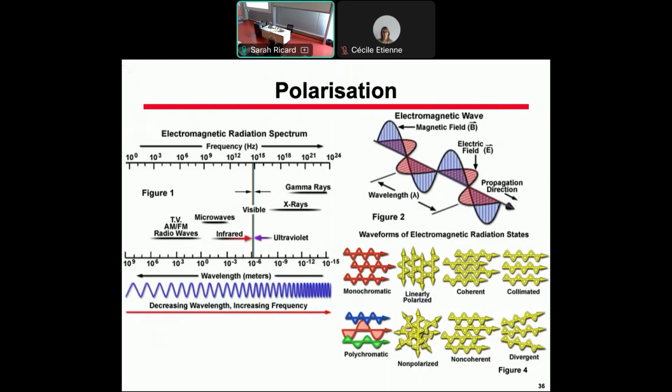You can be totally not polarized, random, and all intermediate states with similar polarization. It's also linked to the fact that it's coherent or non-coherent, and polychromatic.